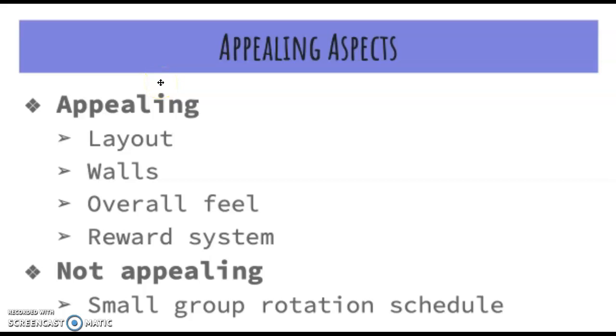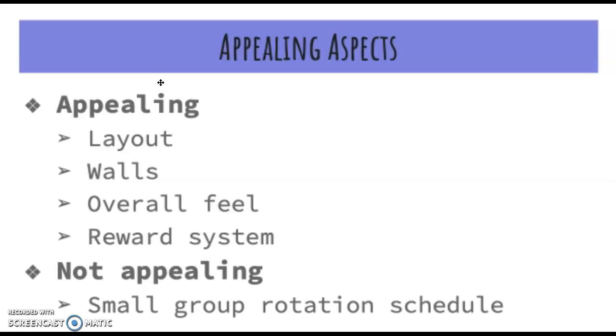Lastly, what appealed to me within the classroom and what did not. I really enjoyed the layout of the classroom. I felt like it was kids friendly, it was welcoming, it felt safe, it felt comfortable, it wasn't overwhelming. The walls also weren't very overwhelming with materials on them.